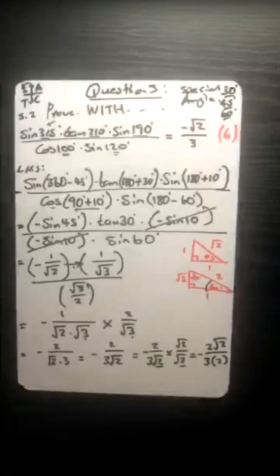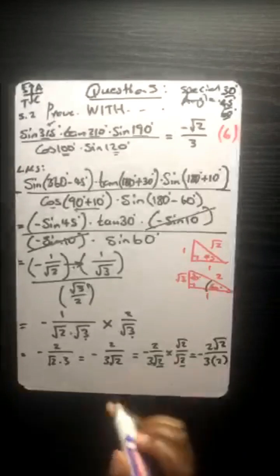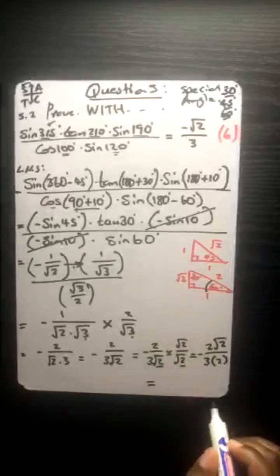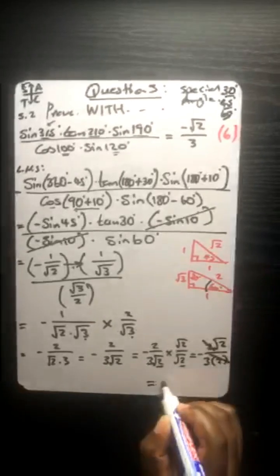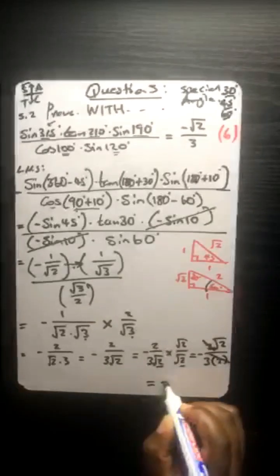And then now you realize that this 2 cancels with that 2. So finally you are having square root of 2 over 3. And this is now the final answer of that question.